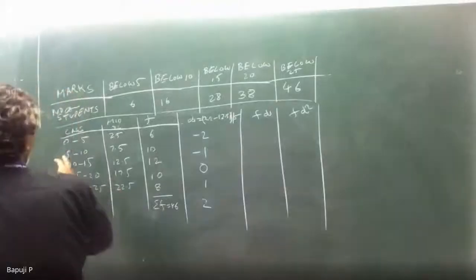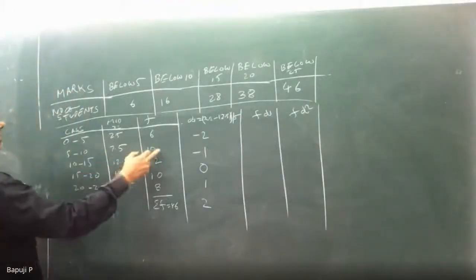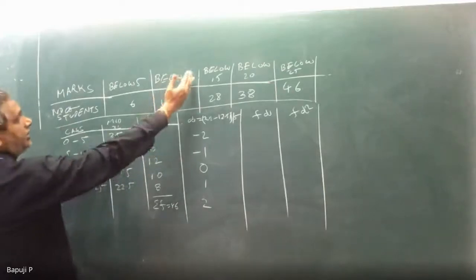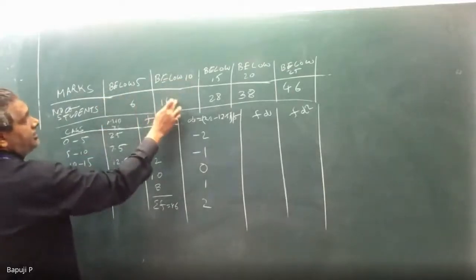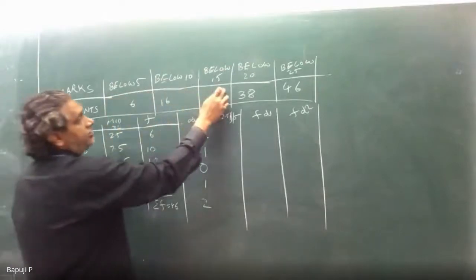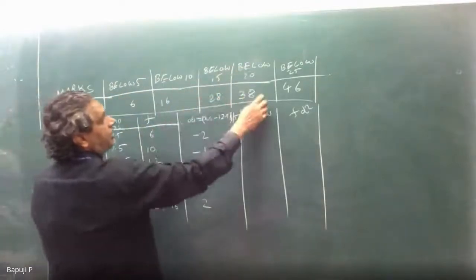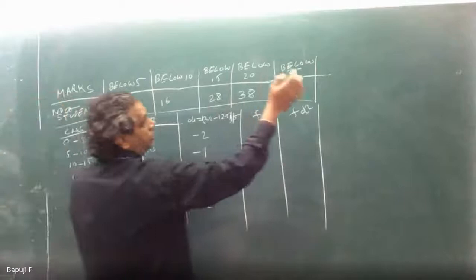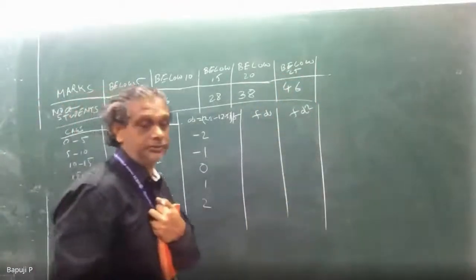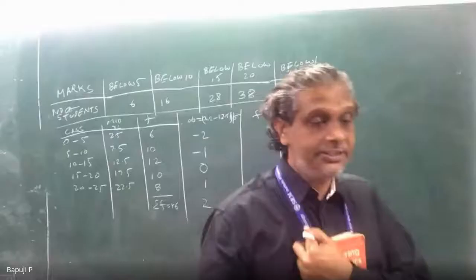This is 0 to 5 only, 5 to 10 only 10. But up to 10 it is 0 to 10, which is 16. 0 to 15 is 28, 0 to 20 is 38, 0 to 25 is 46. So got it, sir, the difference is there. Yes, sir, now I got it. Thank you, sir. Very good.